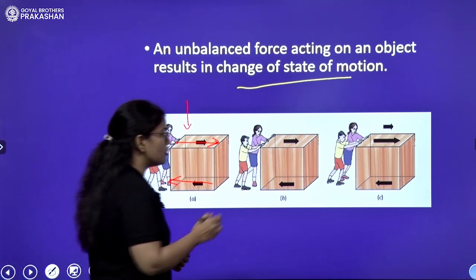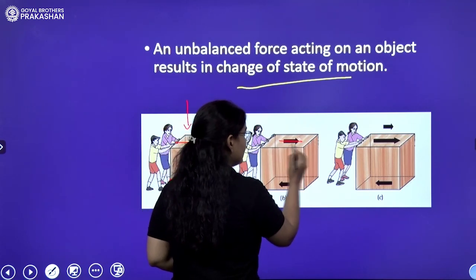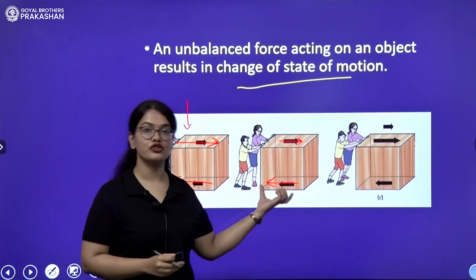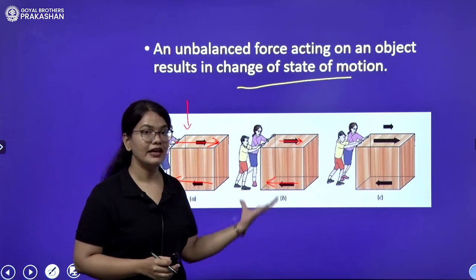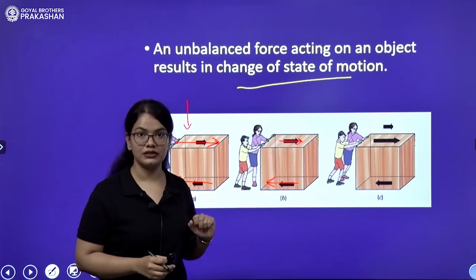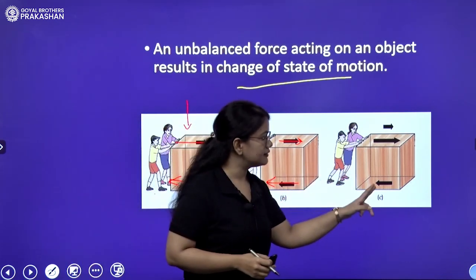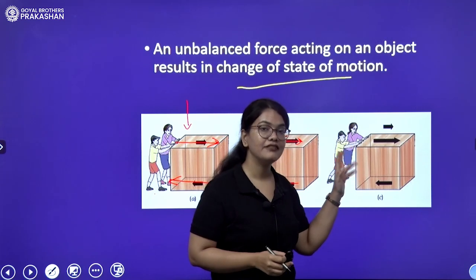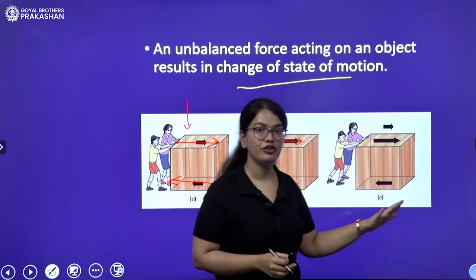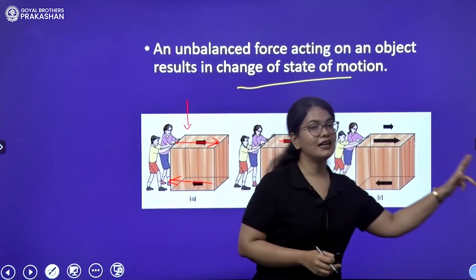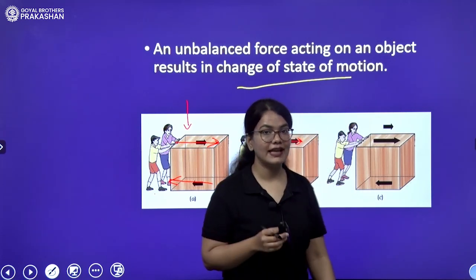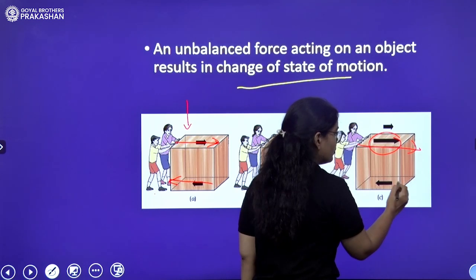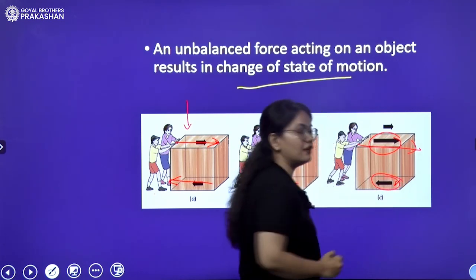In the second case also, they have increased the force, yet the body is not moving. That means here the friction has also increased. That is why it is balancing this larger force. But in the third case, the persons have increased the magnitude of the force and the body has started moving forward. That means in this case, this forward force is not being balanced by the frictional force.